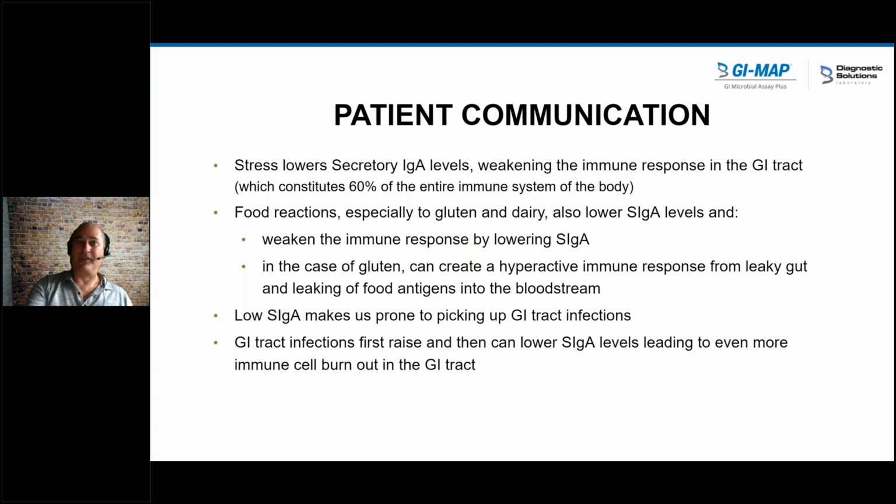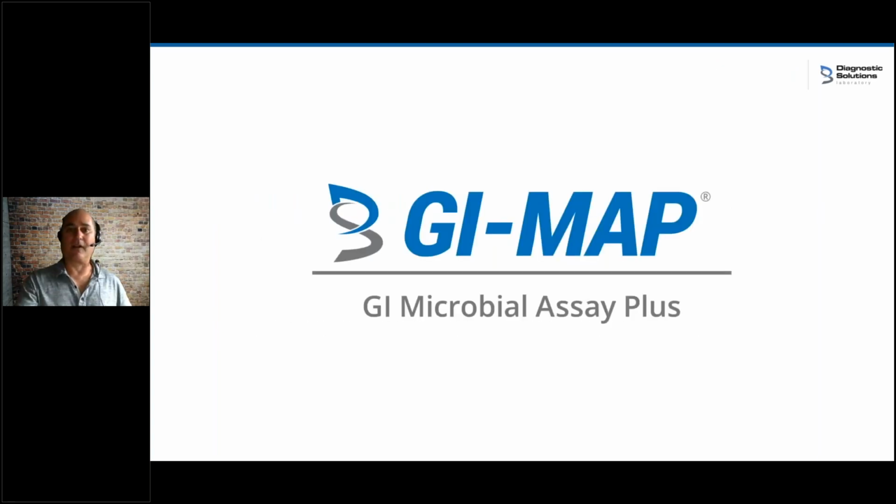So for example, if their SIgA levels are low, I'll talk about how stress can impact secretory IgA and how cortisol regulates the production of secretory IgA and how that, when it's a problem, weakens the immune response, right? And I'll talk about food reactions in the same way and talk about GI tract infections, so that you should have some really loose scripts prepared where you're able to communicate exactly what you want based on the actual lab, okay? All right, so I've got some sample labs set aside here.